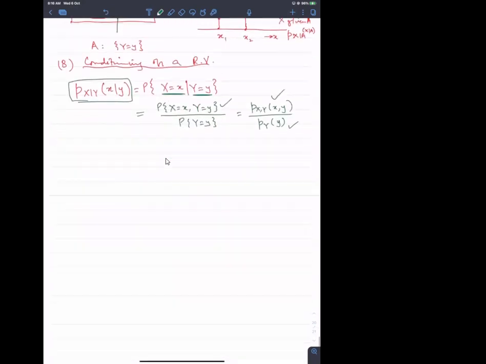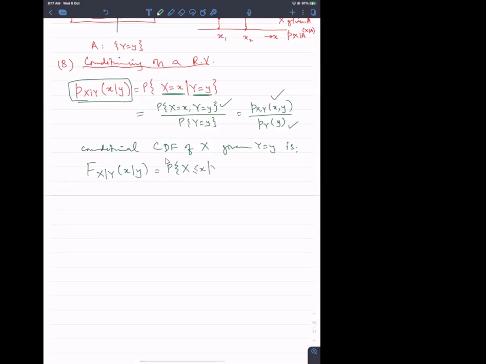Okay. We can similarly define the conditional CDF of X given Y. The conditional CDF of X given Y is equal to y is given by capital F, X given Y, which is the probability X takes a value less than or equal to x given Y is equal to y.